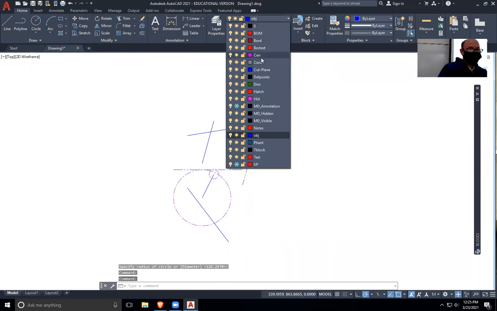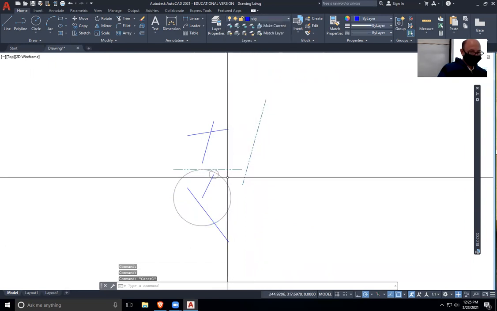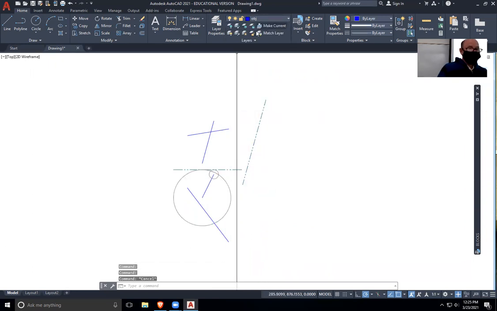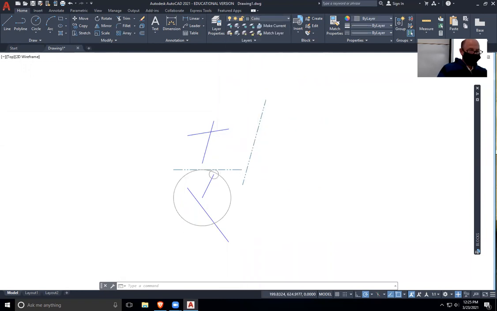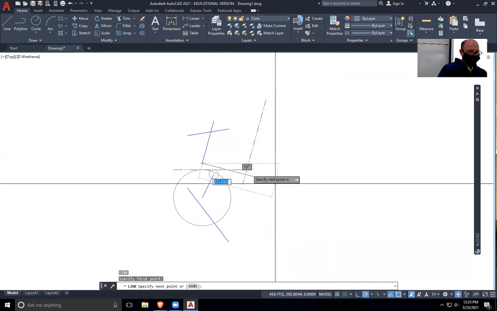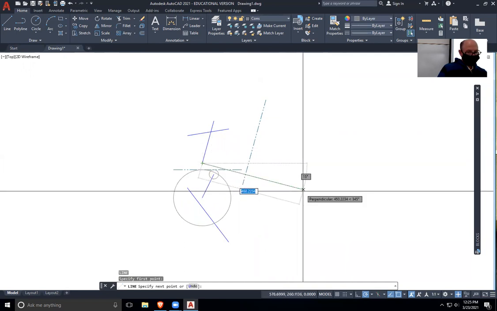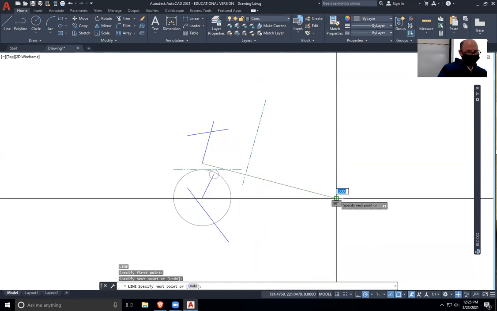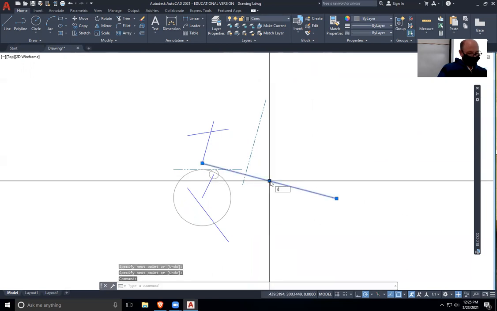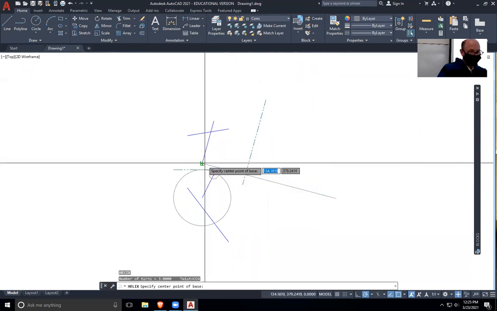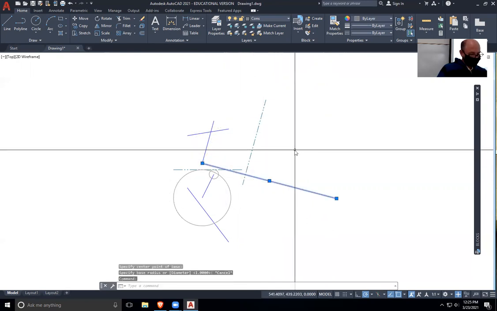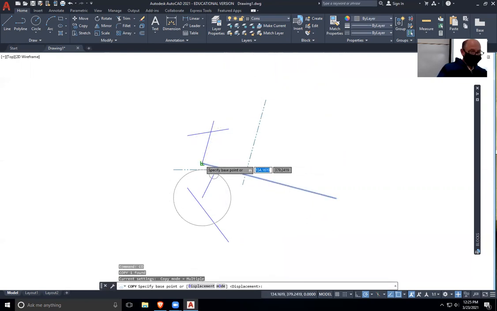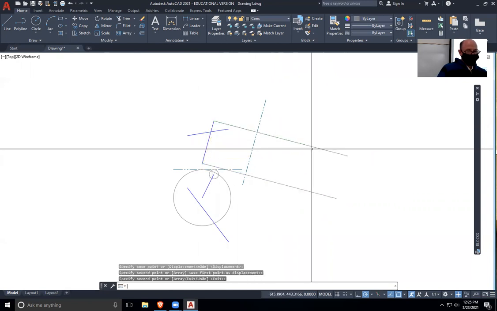Should change the construction. Perpendicular, nice and long. That was the copy command. Okay.